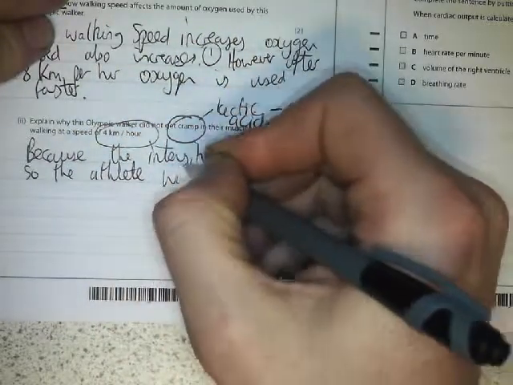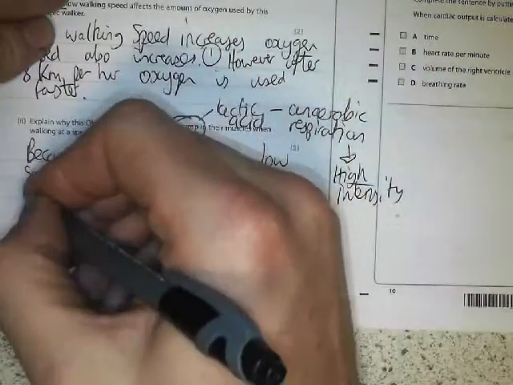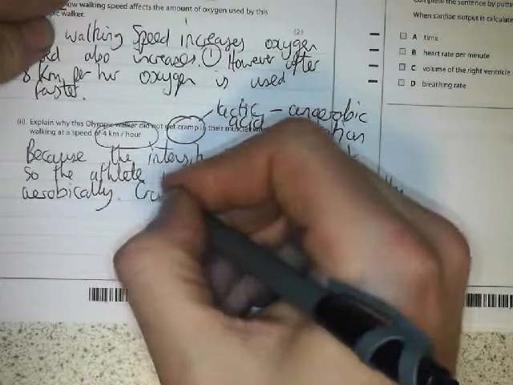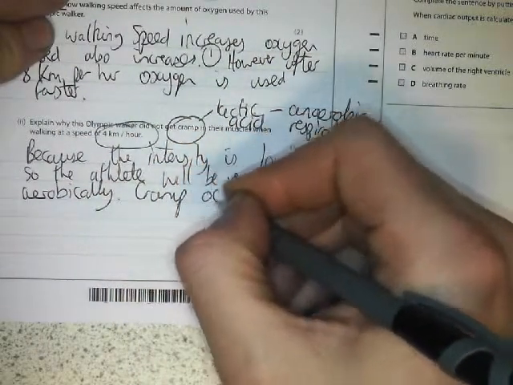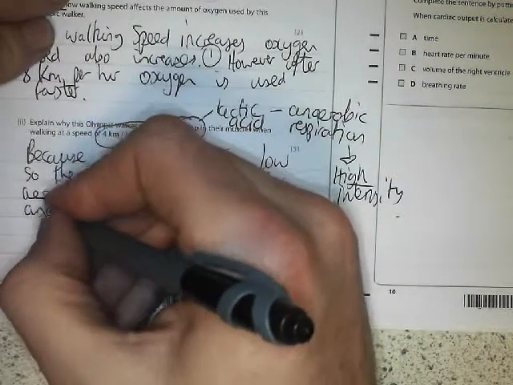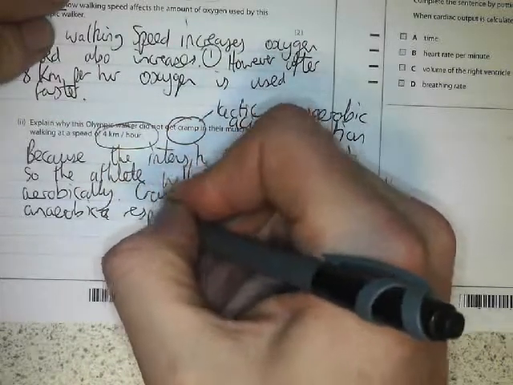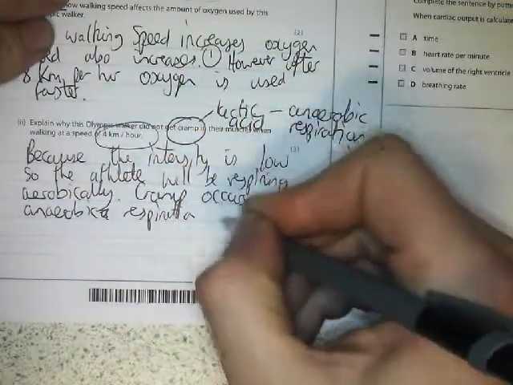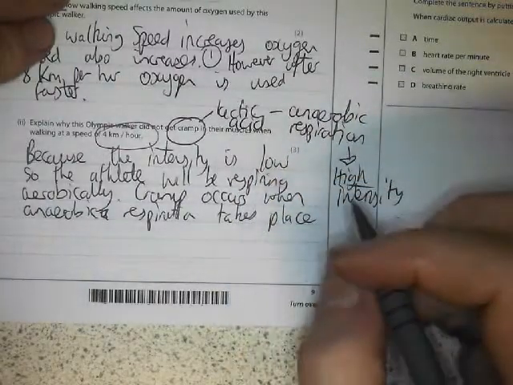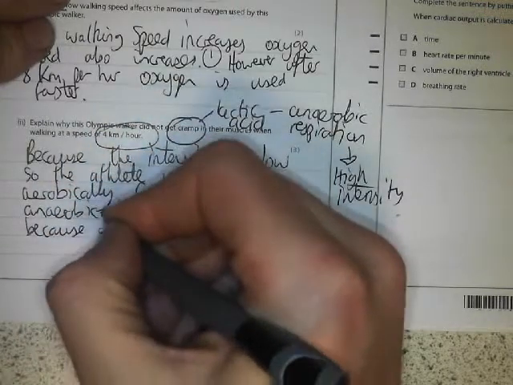Cramp occurs when anaerobic respiration takes place because of lactic acid. Okay, so that is basically it. Done.